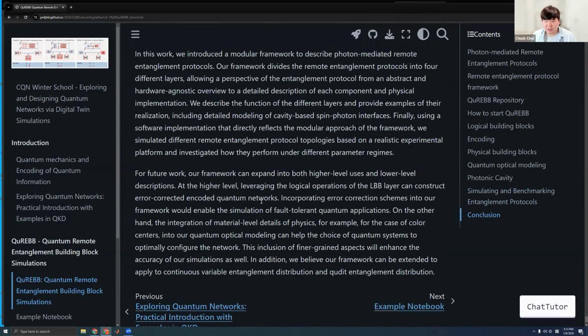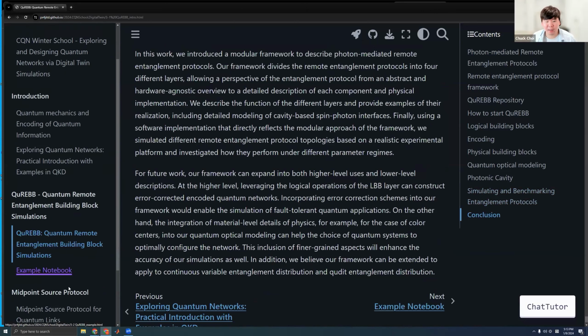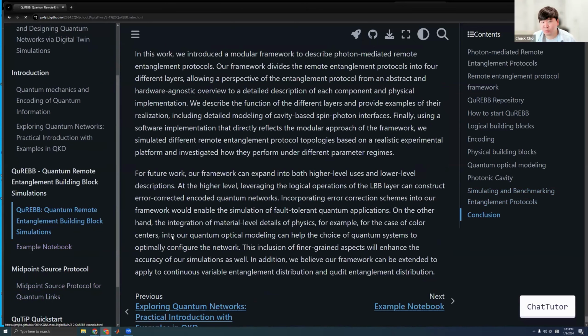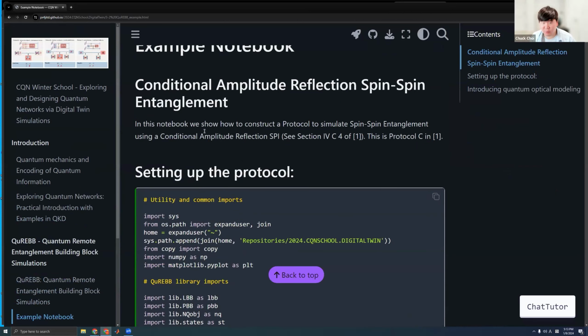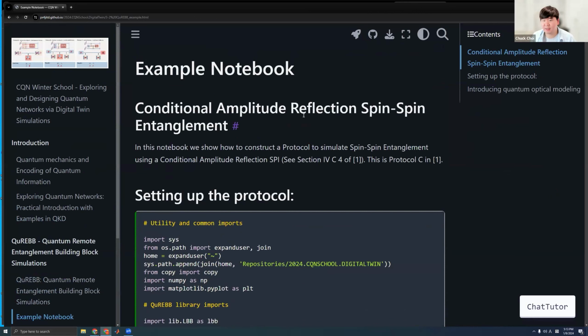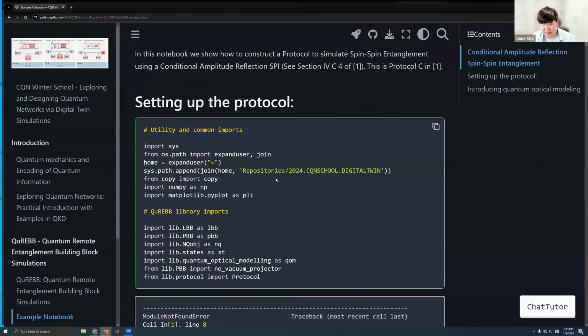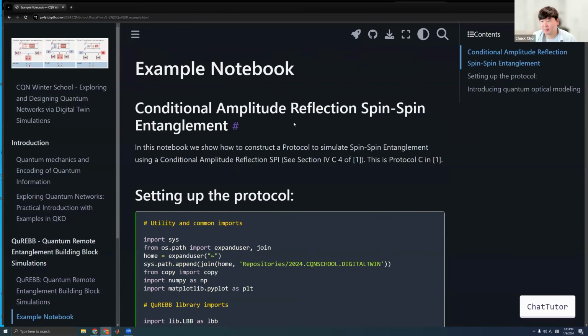So that is the part introducing the QRAP, and we are going to go through the notebook that implements one of our protocols, called the conditional amplitude reflection spin entanglement protocol. But before going on, if you have any questions, please let me know.